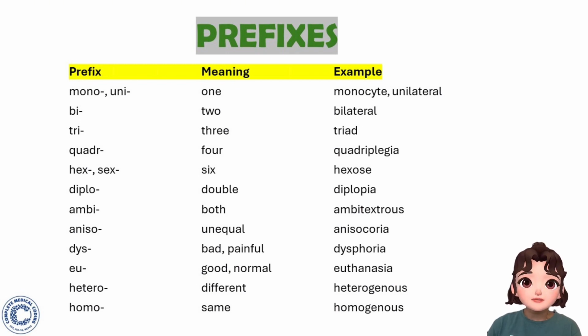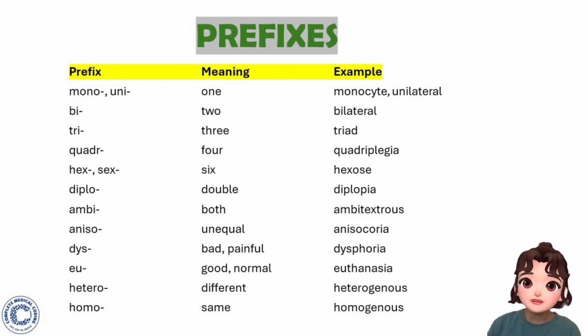Mono or uni means one. Example, monocyte, unilateral. Bi means two. Example, bilateral. Tri means three, triad. Quadra means four, quadriplegia. Hex means six, hexos. Diplo, double, diplopia.